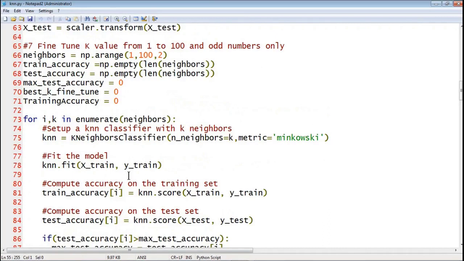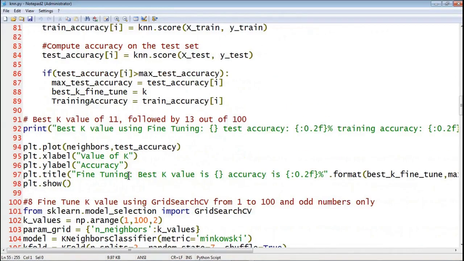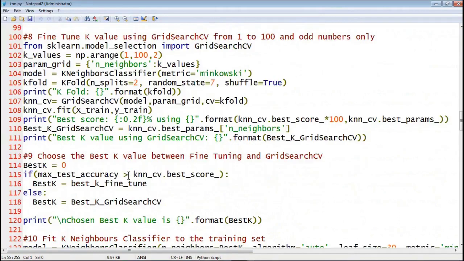At lines number 66 to 98, it performs fine-tuning the value of k from 1 to 100 and add numbers only. At lines number 101 to 111, it performs fine-tuning the value of k using the sklearn grid search CV from 1 to 100 and add numbers only.